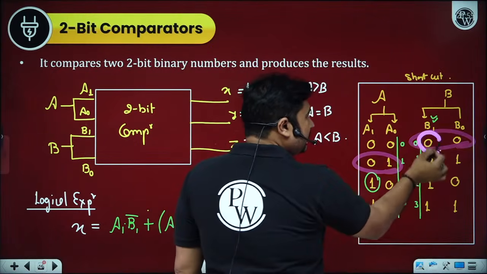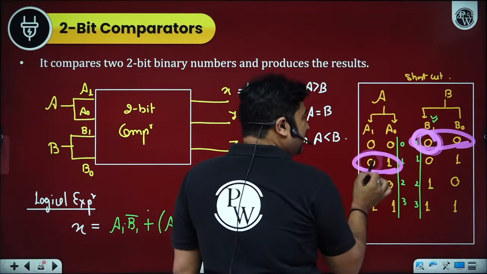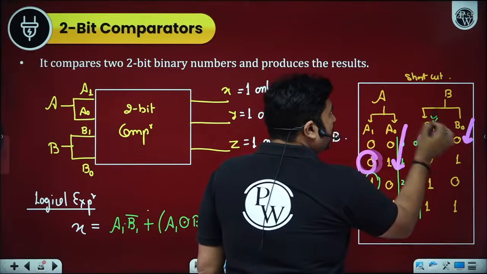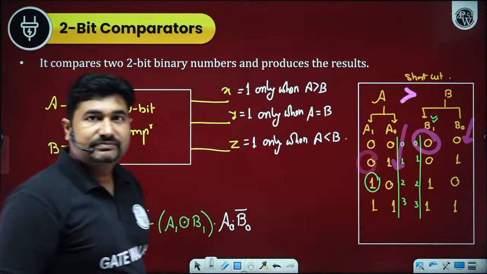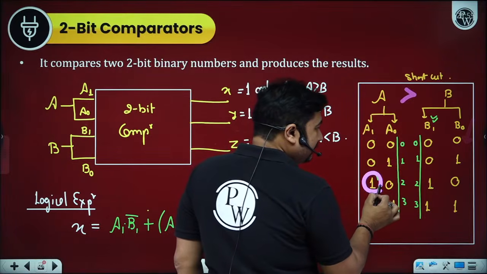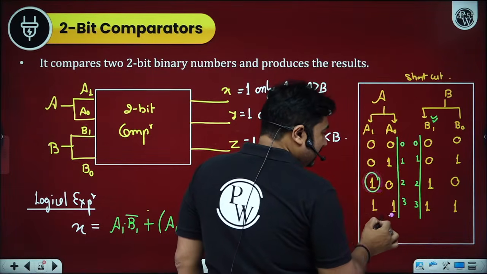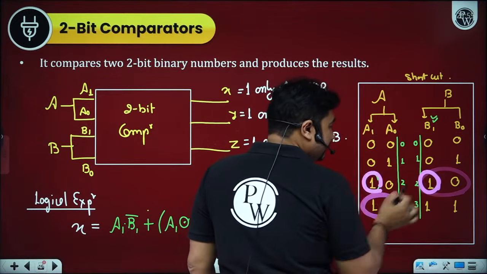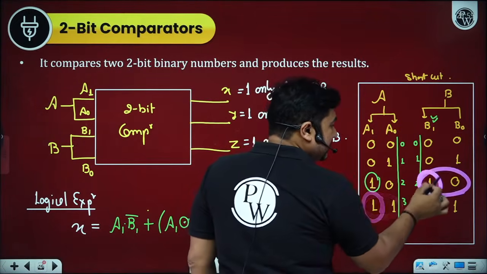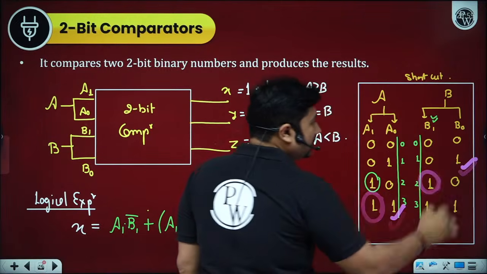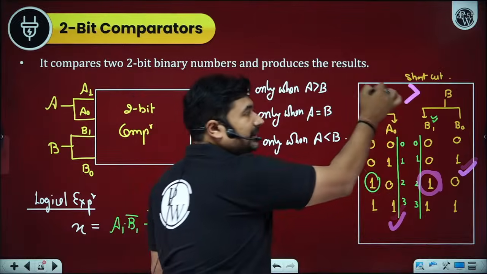In this case, MSBs are the same, A1 and B1 are the same, but A0 is greater than B0. Then also your A is greater than B. You can see here the LSB of A is greater than the LSB of B.